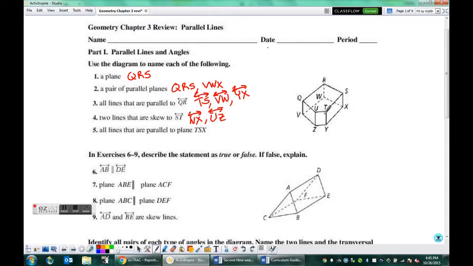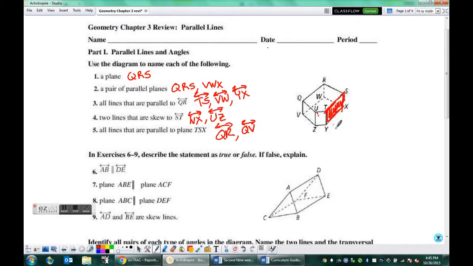Now the next one trips some people up, but it's not too bad once you look at it. I've got all my lines that are parallel to plane TSX, so I'm talking about this plane here. Basically, I'm looking for lines that do not intersect or touch that plane. In this case, I could have had QR, QV, all these are running in a direction that they wouldn't intersect.